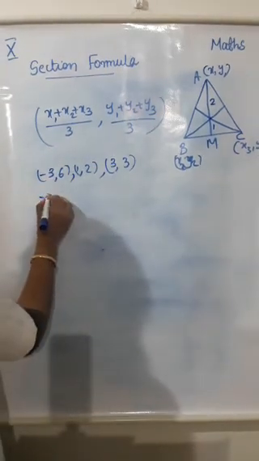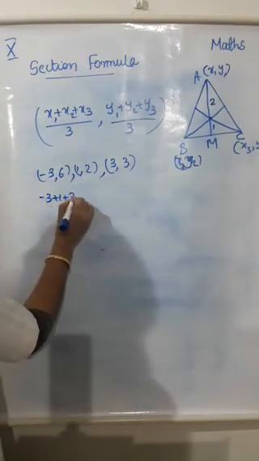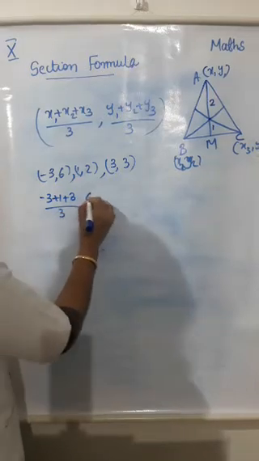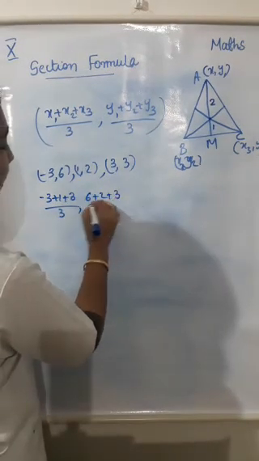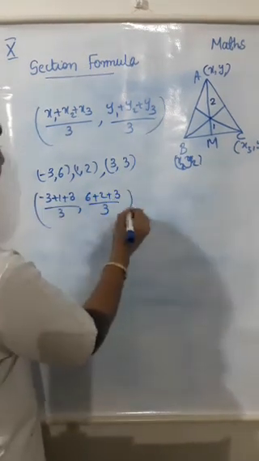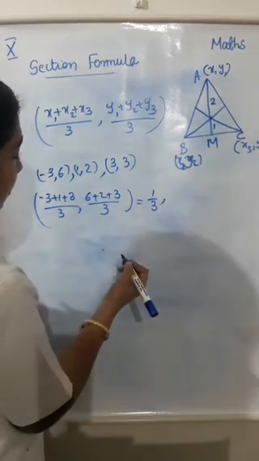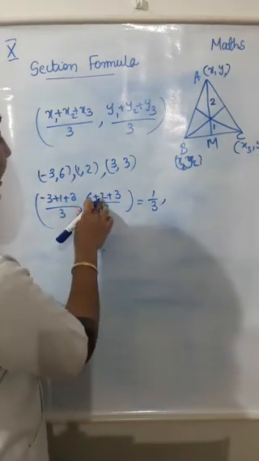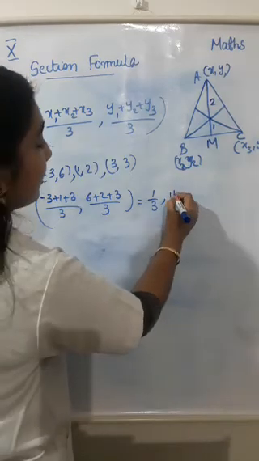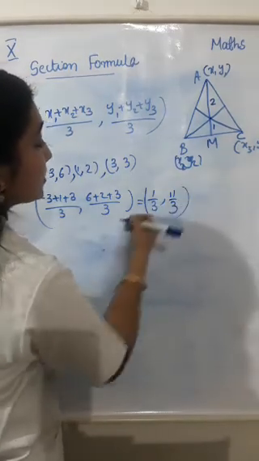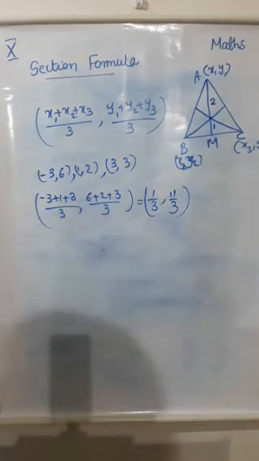Here, -3 plus 1 plus 3 by 3, 6 plus 2 plus 3 by 3. That is equal to 1 by 3 comma 6 plus 2, 8, 8 plus 3, 11, 11 by 3. The centroid of the given triangle is 1 by 3, 11 by 3.